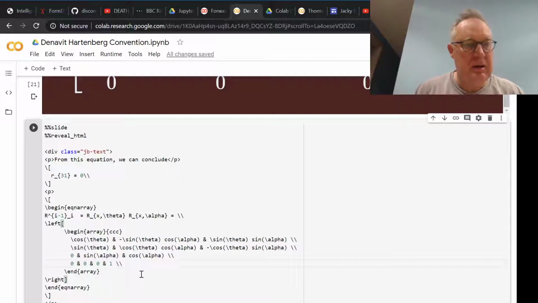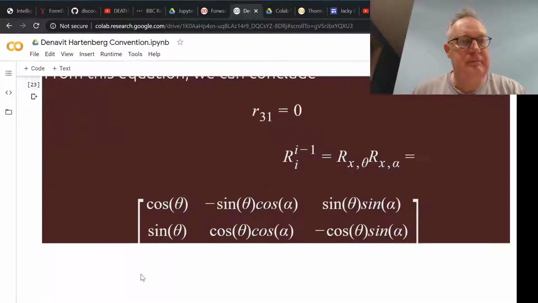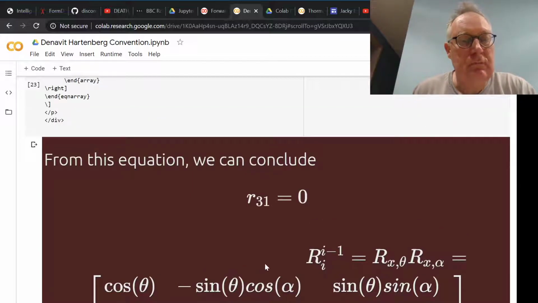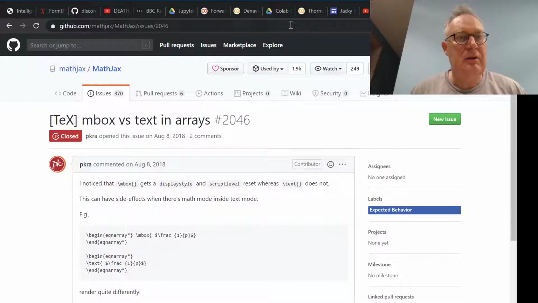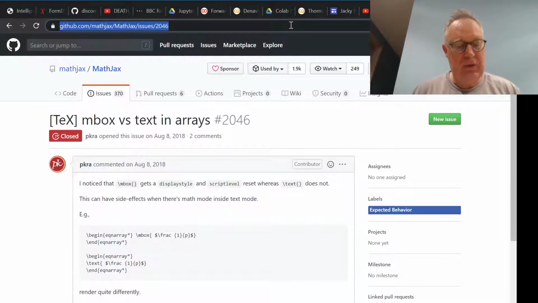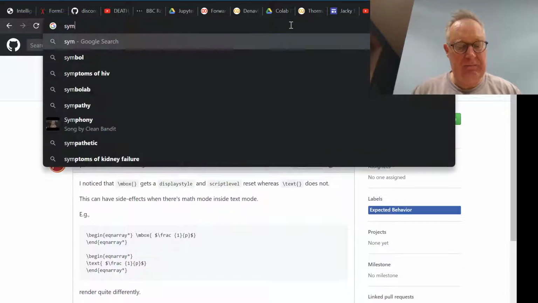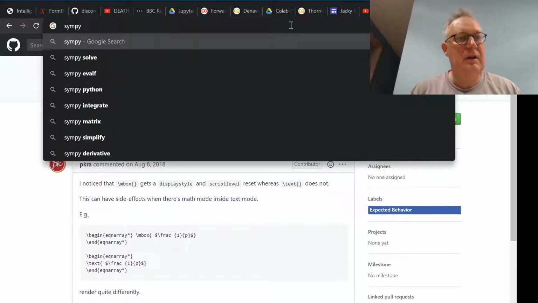So here I only have the rotation matrix, so this line needs to go. Only 3 by 3 values. I haven't used SymPy in a while, but it is a very nice package. So let's try and verify the multiplication that we have here.